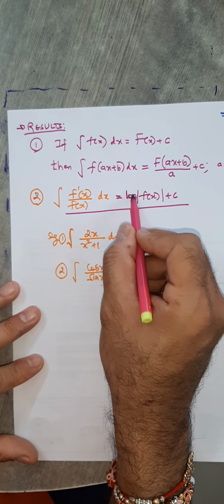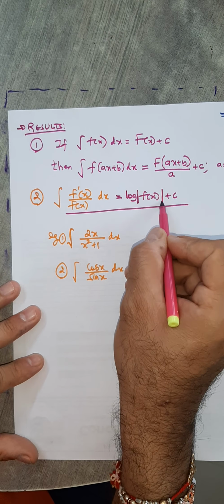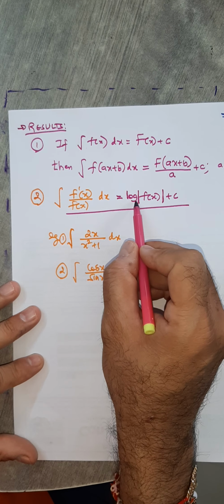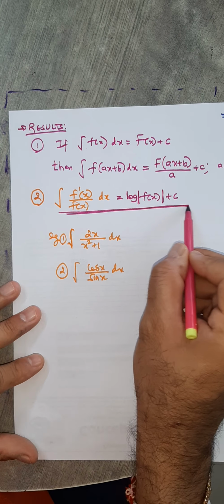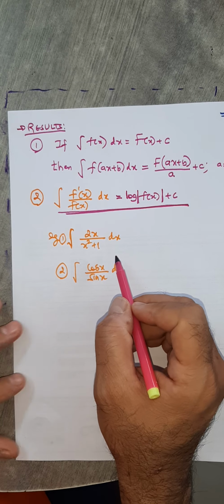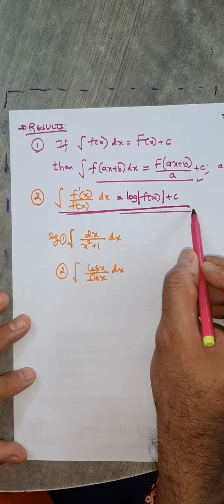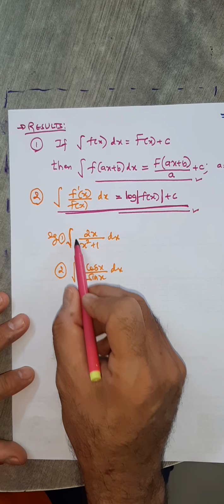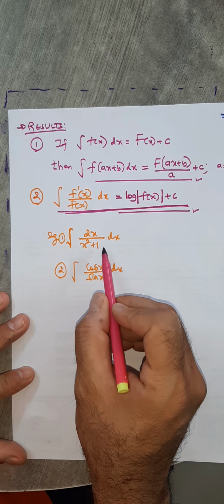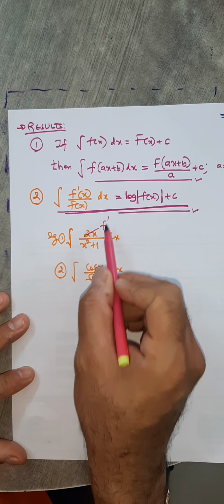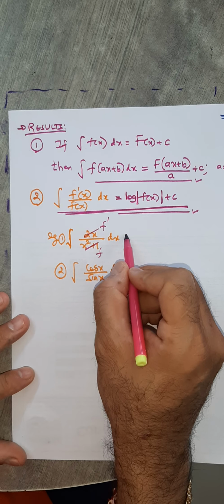You know, in integration, whenever you have log, you need to put the modulus. Log of mod of the denominator function. It can be proved by substitution. All are based on the substitution method. How do I answer this? You know that this is f dash, and this is f. So what's the answer?